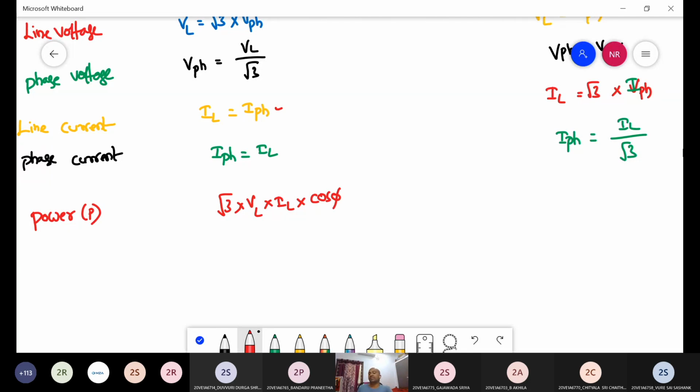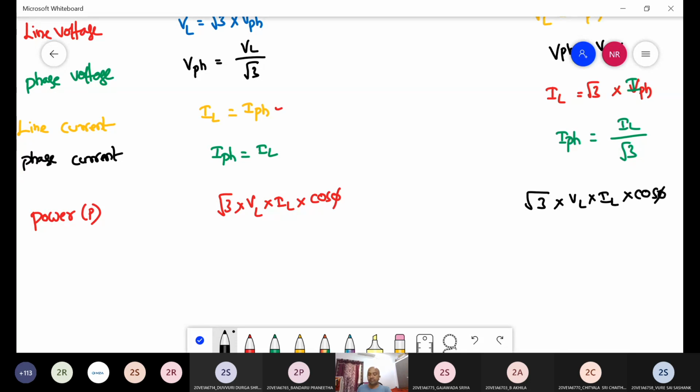We derived all these equations. Either it is star or delta, power is the same: root 3 into VL into IL into cos phi.